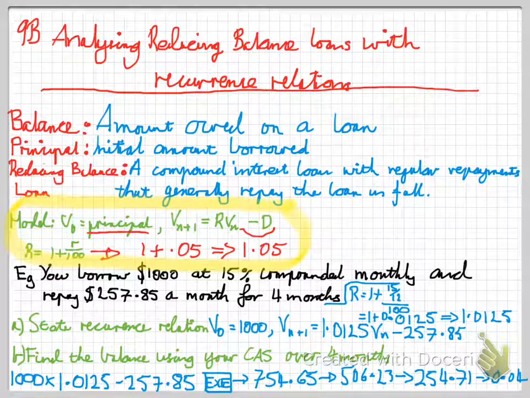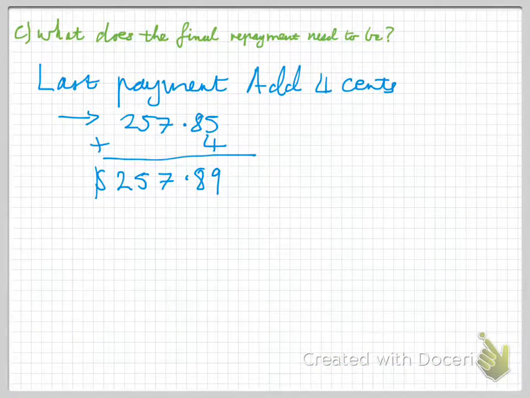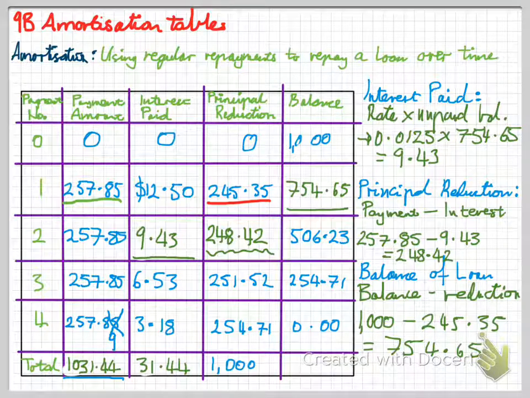And to recap, we also have our amortization table, which simply takes all that information and looks at the interest paid, principal reductions, balance of the loans, and how much you're paying, and what the loan would look like over those 4 payments. So hopefully that makes sense.